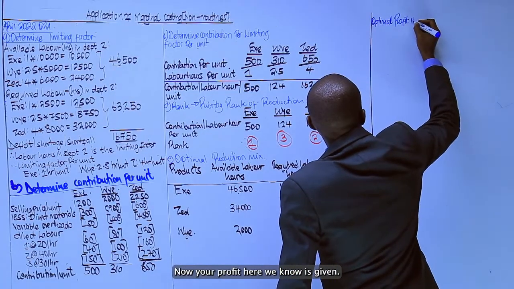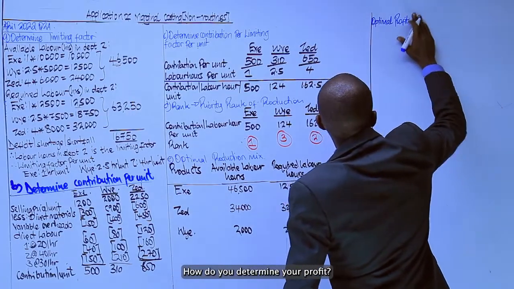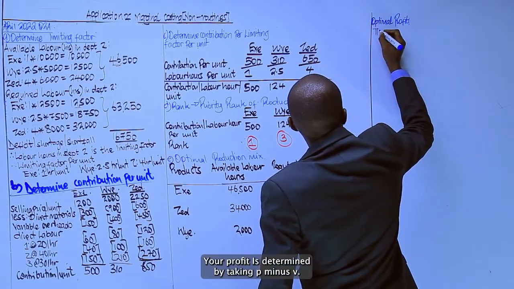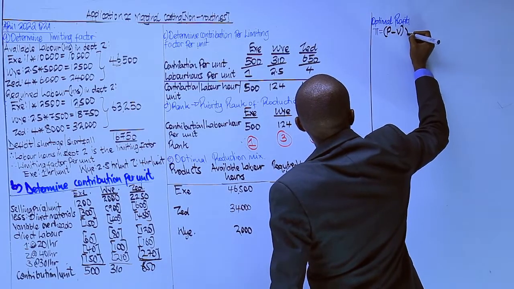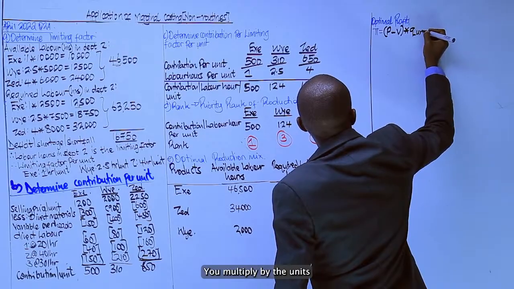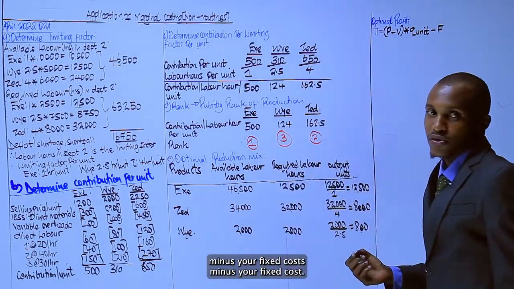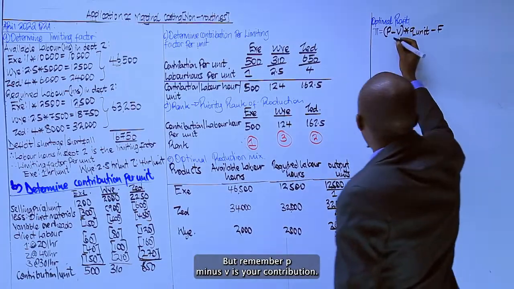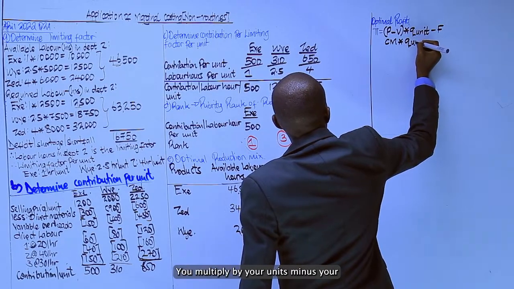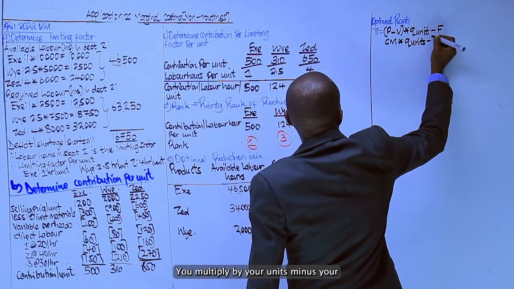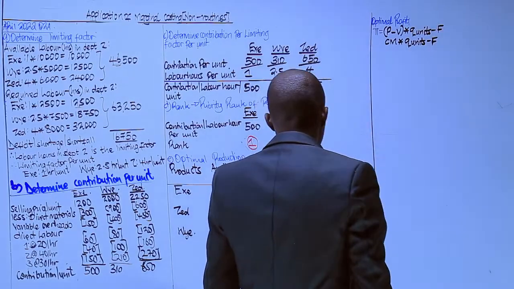How do you determine your profit? Your profit is P minus V, which is your contribution margin, multiplied by your units, minus your fixed costs.